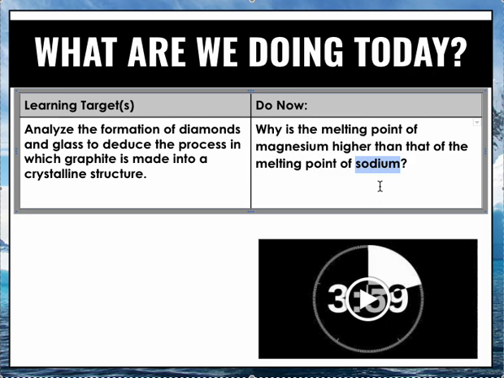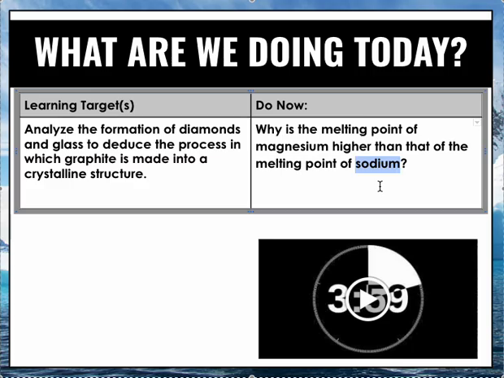So the more electrons you have in the lovely delocalized sea of electrons, plus the size of the ionic radius being smaller, magnesium is going to have a much higher melting point, so it is harder to melt that metal than sodium.